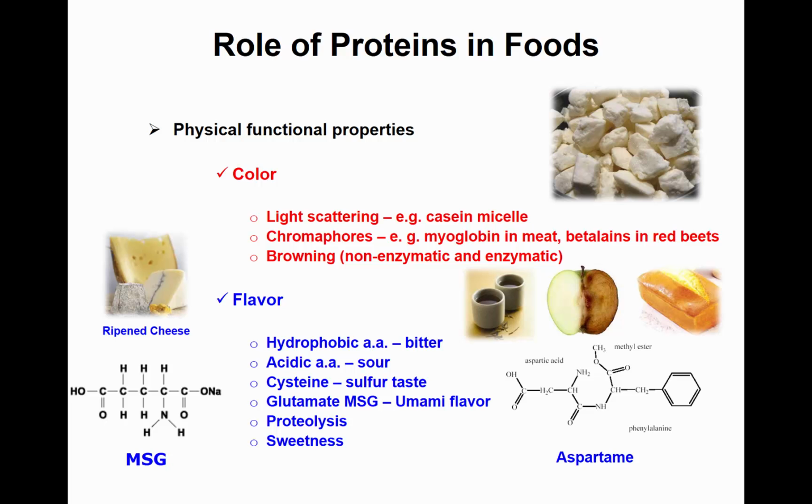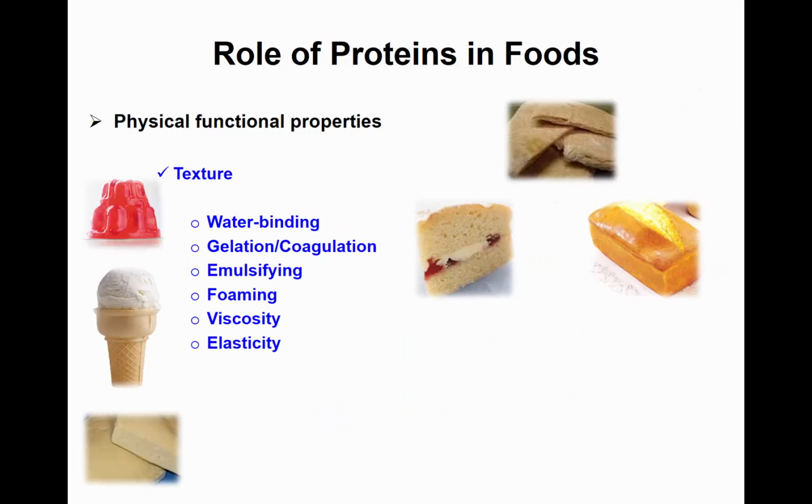So you have contribution to color, you have contribution to flavor, but the biggest of them all is the contribution to texture. Again, I listed some of the functionalities in one of the earlier slides, but here they are. You have water binding, gelation, and coagulation.